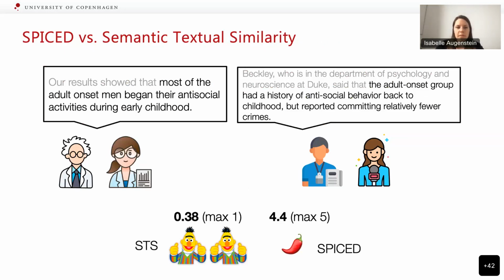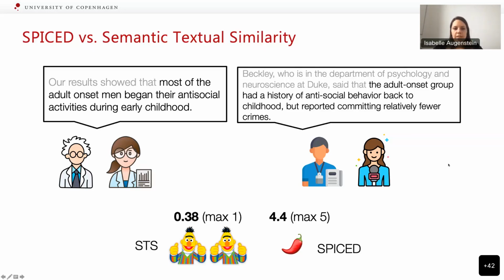Now we have another example on this slide where it's just good to illustrate the difference between STS, semantic textual similarity, and SPICED as we see it. And there we have this additional information that the semantic textual similarity model considers and factors in for the similarity judgment. So we have here on the left-hand side the original findings saying, our results suggest that most of the adult onset men began their antisocial activities during early childhood.